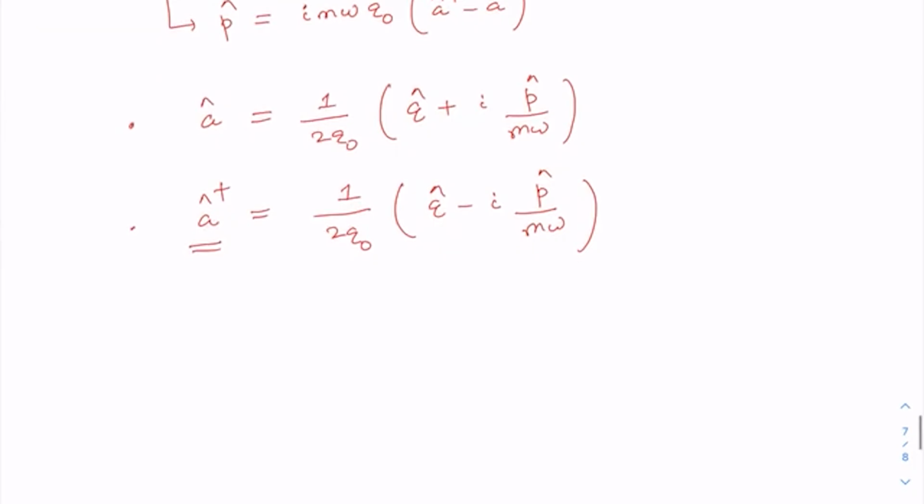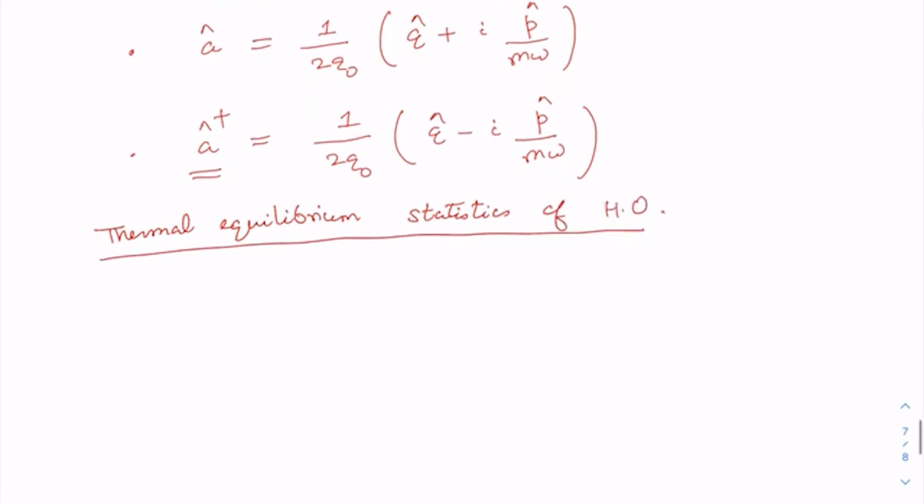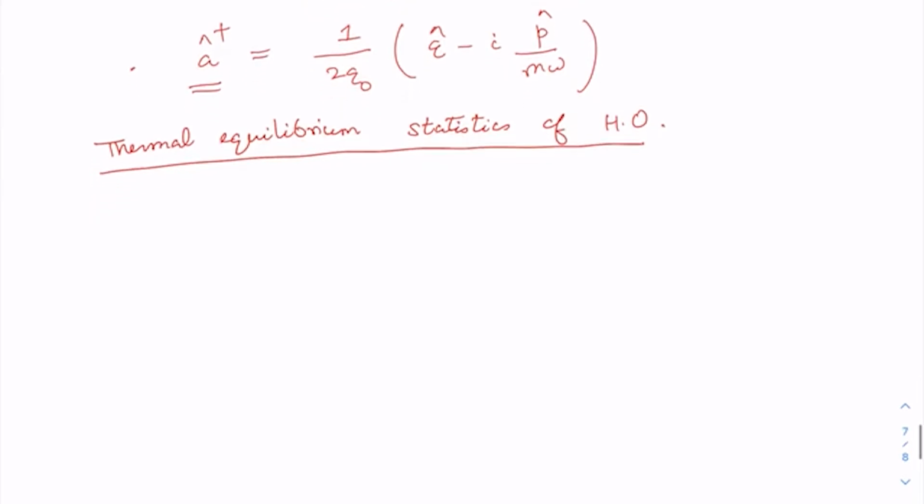Now let me briefly talk about the thermal equilibrium statistics of a harmonic oscillator. You know that photons or phonons are bosons, and when a harmonic oscillator is in equilibrium with its environment at some temperature T, Bose-Einstein statistics determine the occupation probability of each energy level.